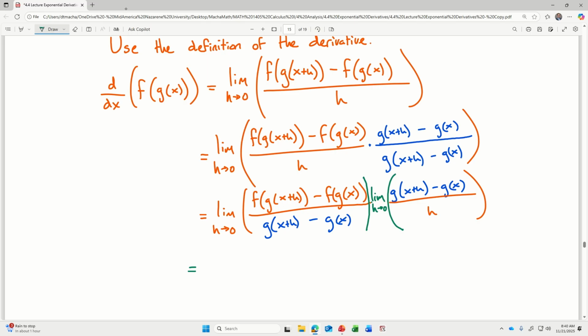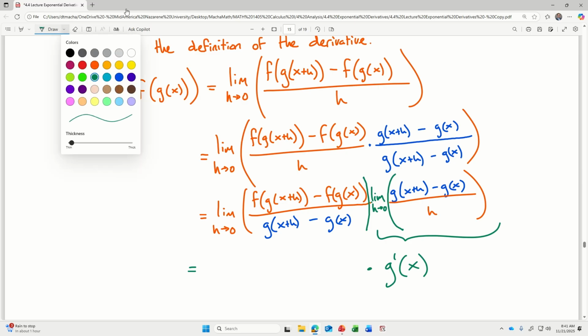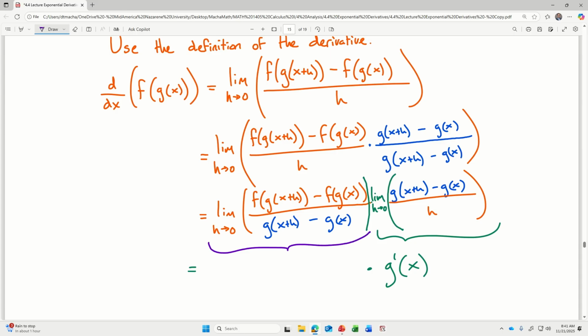So the second limit is just the definition of what it means to take the derivative of g with respect to x. And this first one requires just a little bit of consideration here.